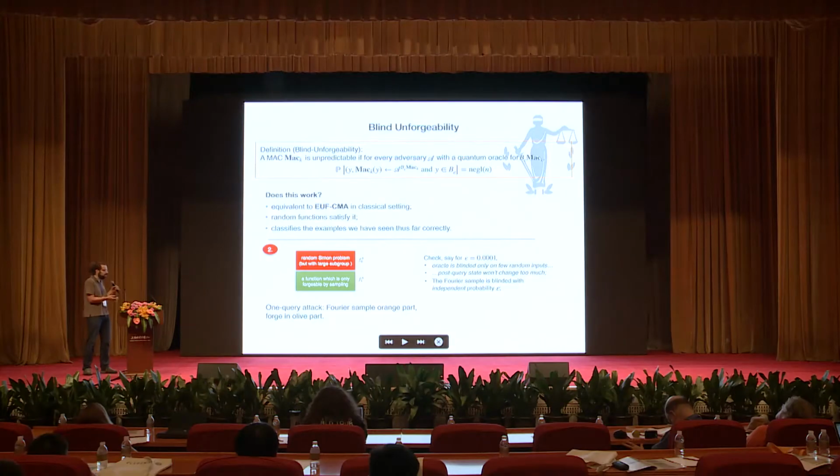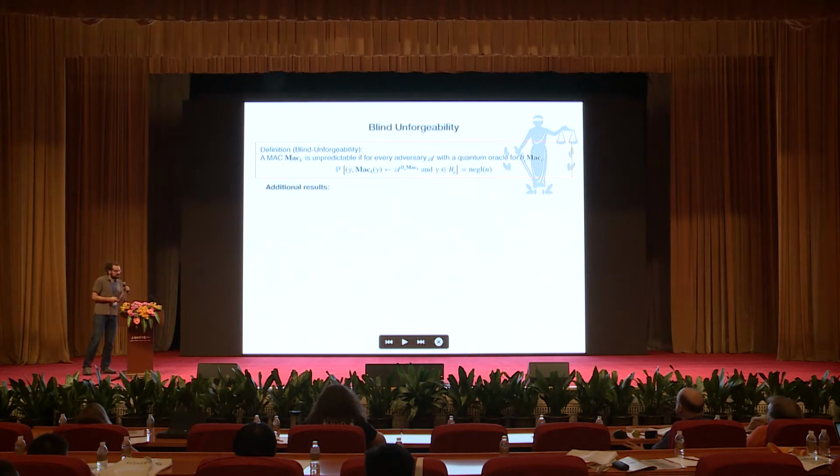If the oracle is only blinded on a couple of random inputs, then the output state will not change too much. So basically, this Fourier sampling still works. But then the forgery on the olive part is blinded with independent probability epsilon. So the adversary will essentially succeed with probability epsilon minus a little bit. So this is successful.